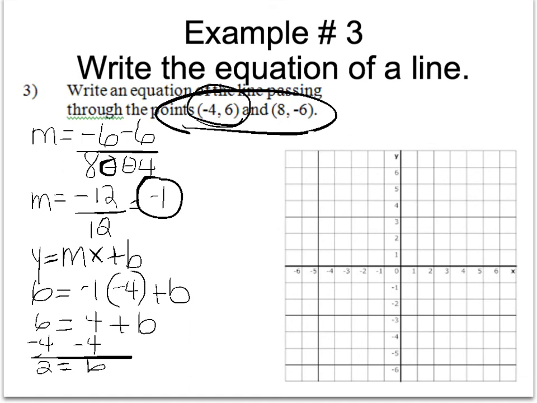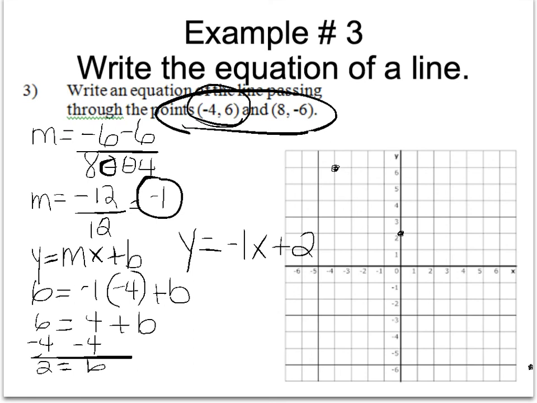And that's one of the things that knowing the slope and the y-intercept helps us with when we know a bunch of points on this line. So the equation of this line is y equals the slope, -1, x, plus b, which is 2. And so there's my y-intercept. -4, +6 was another point on this line, and 8, -6 was another point on this line.